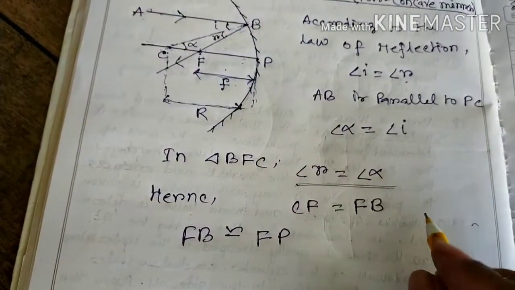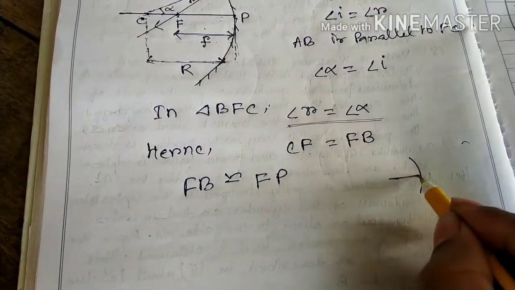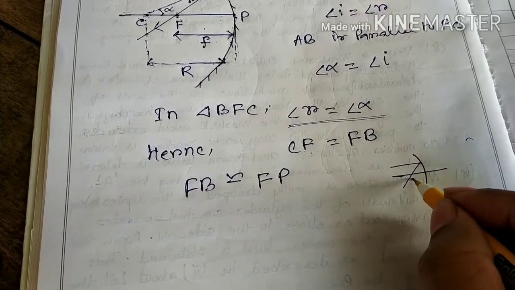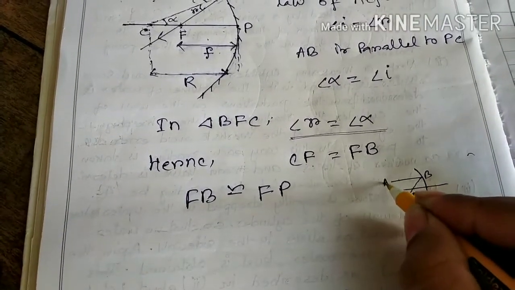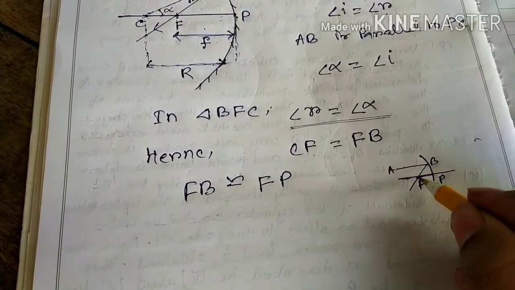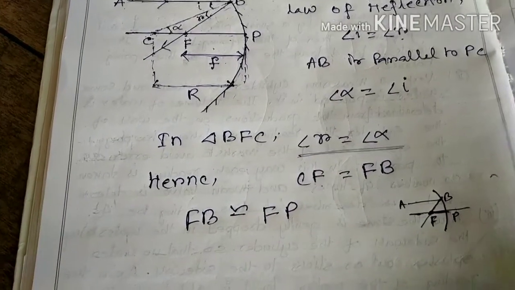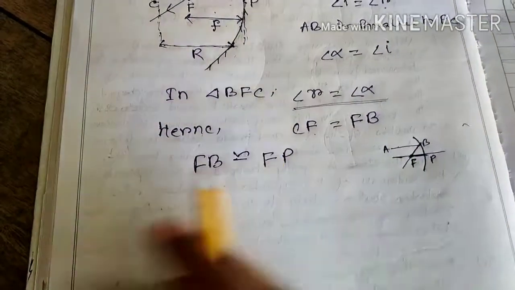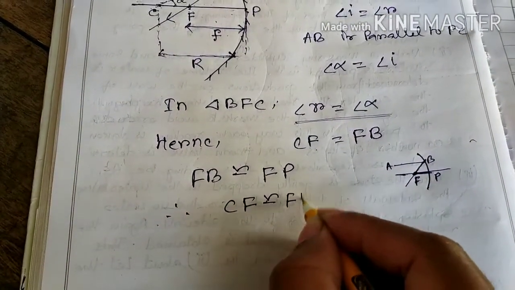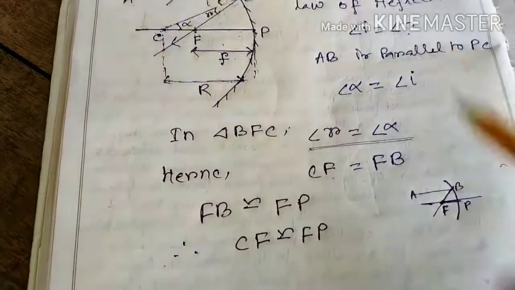See this diagram: if this aperture is very small, then FB and FP are nearly equal. So CF is approximately equal to FP.